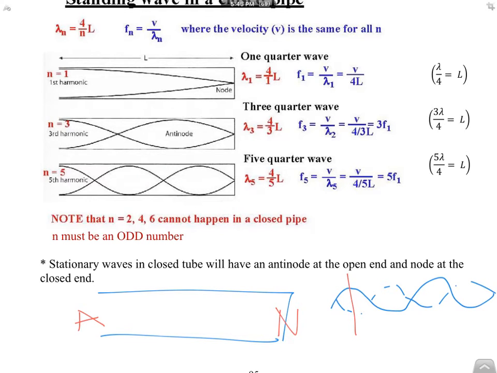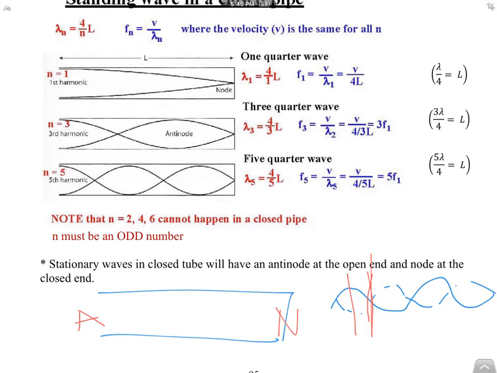If you travel along here, the first time you start with an antinode and end with a node will be to here, correct? So which is why the first shape you will get is this. Start with an antinode and end with a node. So how many wavelengths is between an antinode and a node? One quarter. It's a quarter of a wavelength. So here the formula will be lambda over 4 equals L. Therefore lambda equals 4L.